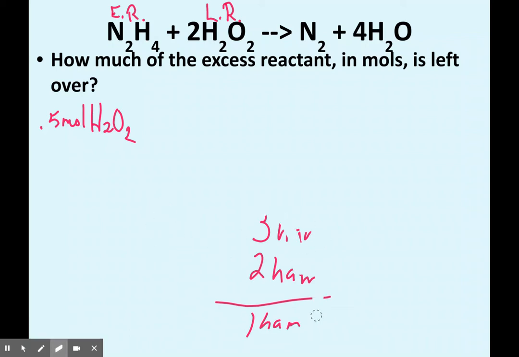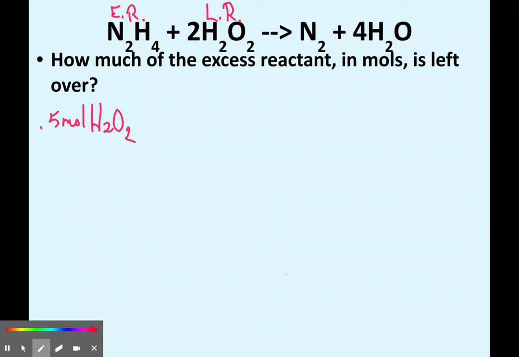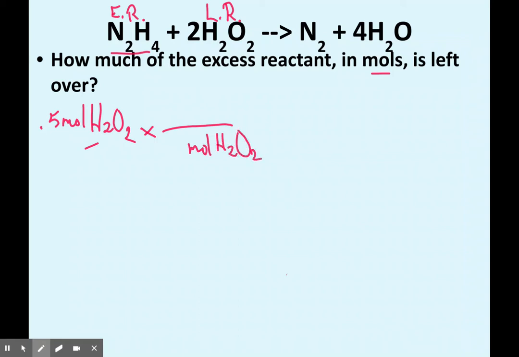So we're going to take our limiting reactant, and we're always going to start with a limiting reactant once we have determined what that is. We're going to take our limiting reactant and convert it to the moles of, because it says in moles, the excess to see how much of that we're actually going to need. So moles of what we're starting with on bottom to moles of what we're going to on top.